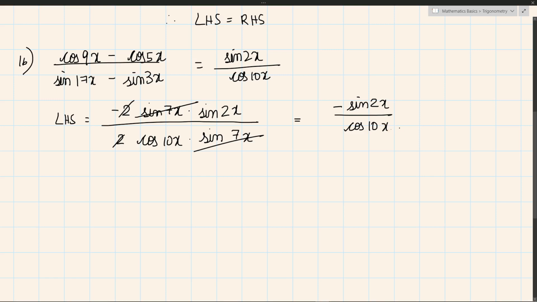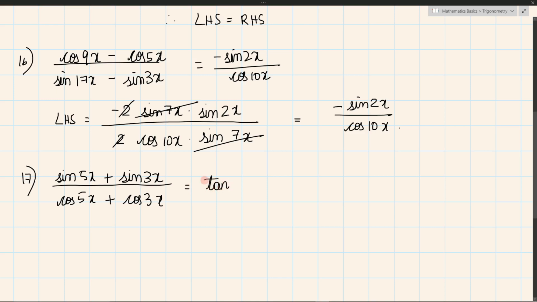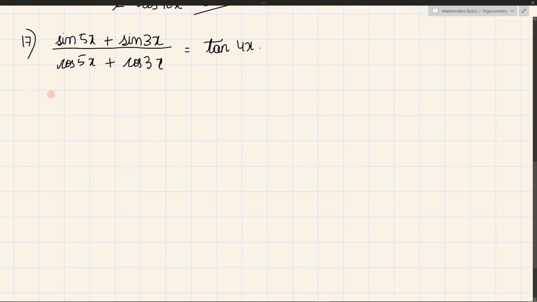So we have question number 17. Sine 5x plus sine 3x whole divided by cos 5x plus cos 3x is equal to tan 4x. So let us consider the LHS.